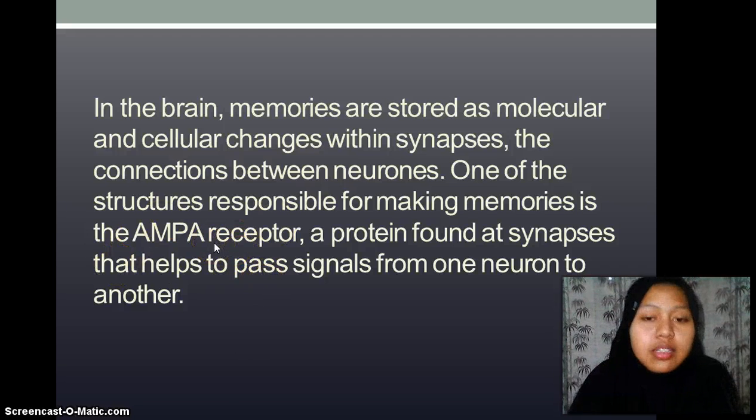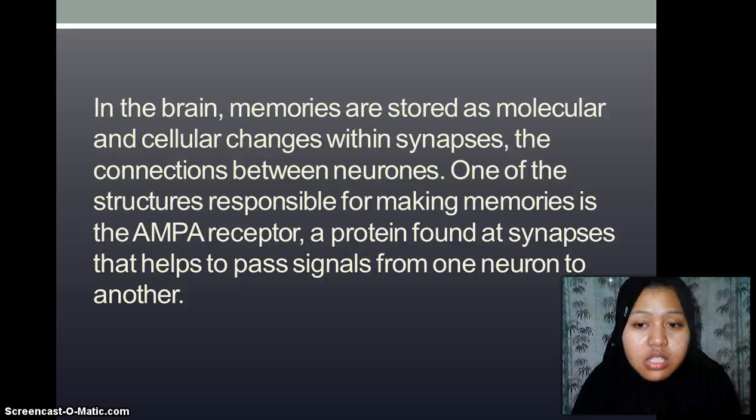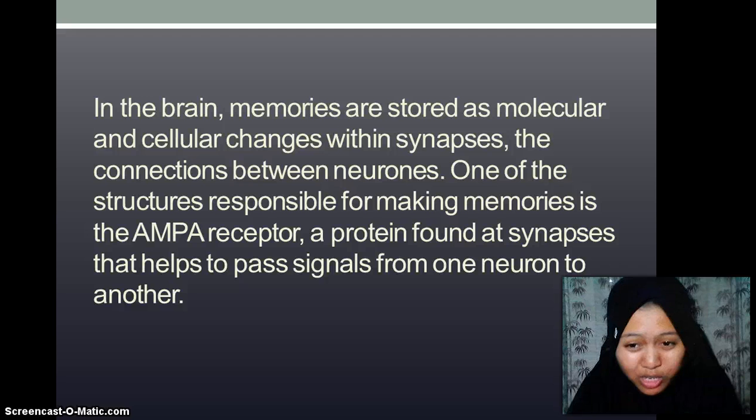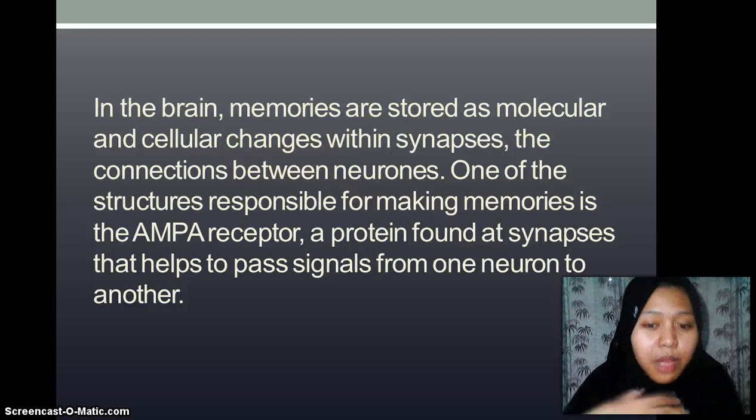In the brain, memories are stored as molecular and cellular chains within synapses, the connections between neurons. One of the structures responsible for making memories is the AMPA receptor, a protein found at synapses that helps to pass signals from one neuron to another.